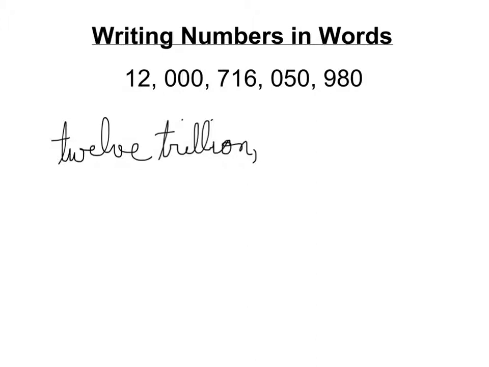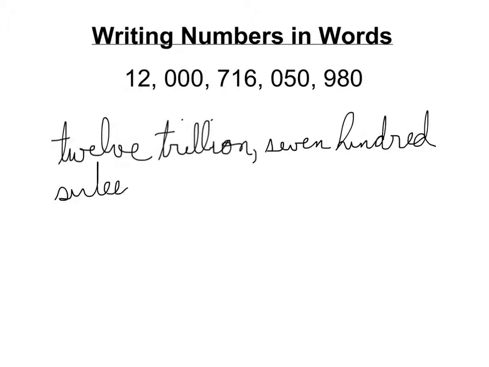We go down to the millions, and in the millions I see 716, and that's in the millions group. Comma separates the groups.